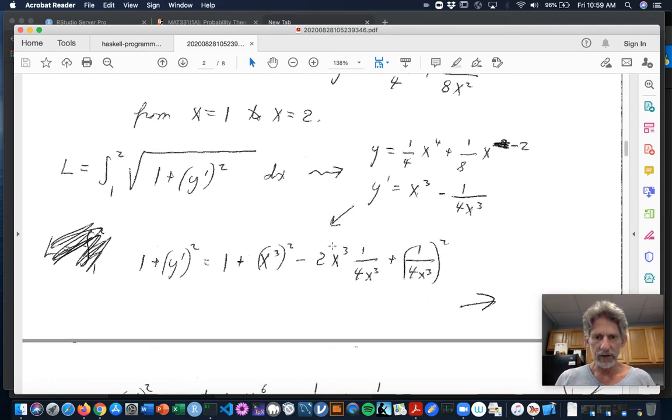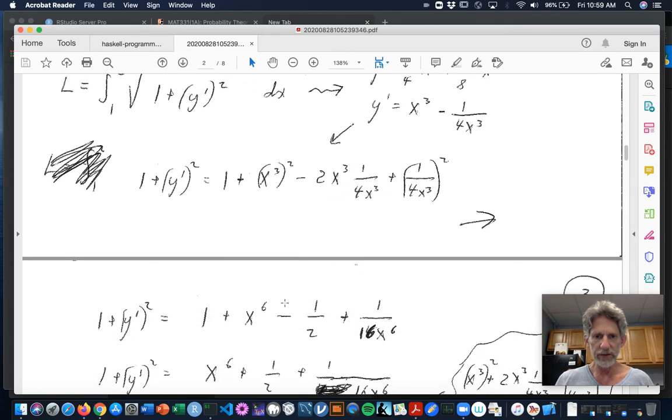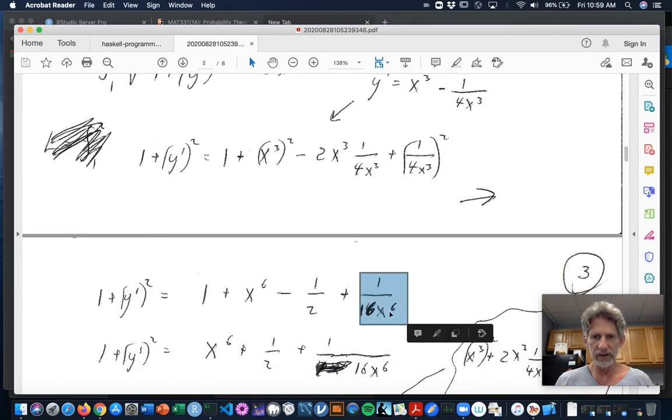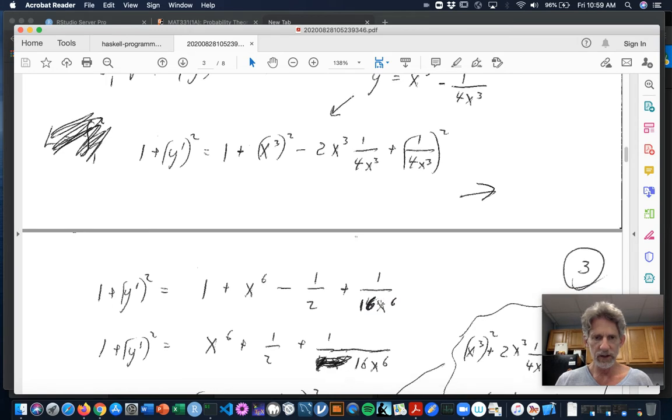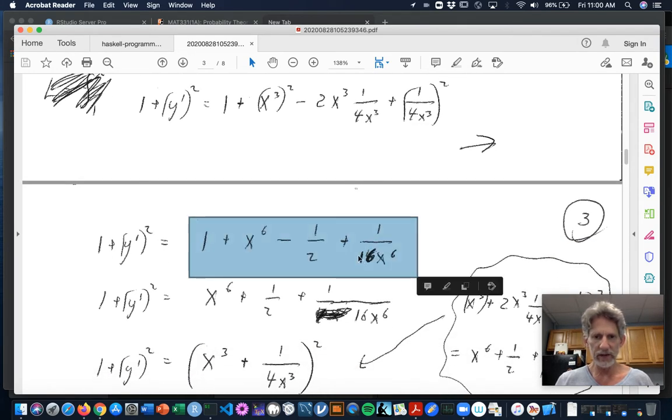And there's a little cancellation of these x cubes. That's kind of nice. There'll be a minus 2 over 4 left, so that's just a minus a half. This is x to the 6th. And this squares out to 1 over 16 x to the 6th. So 1 plus y prime squared looks like this.